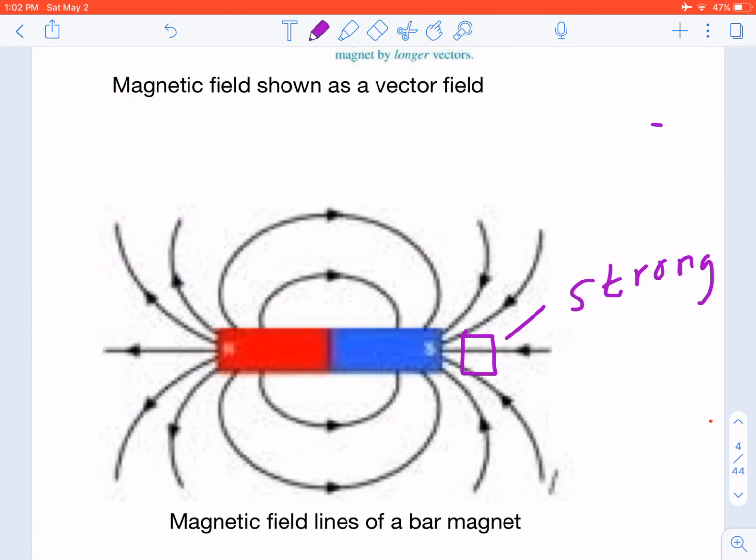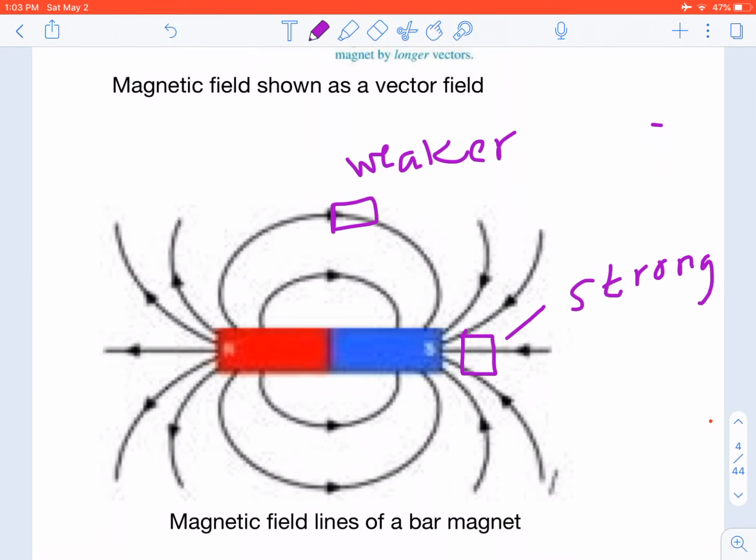Here, if I have the same square area and fewer lines pass through it, it implies that the field is weaker than the one near the pole. So the number of lines passing per unit area gives us an indicative measure of the strength of that magnetic field.